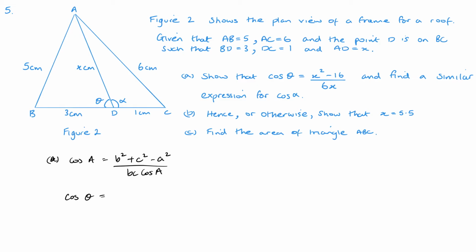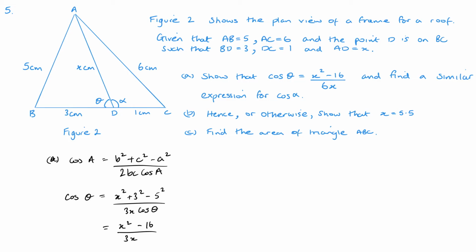The other letters doesn't matter which way around. So x squared plus 3 squared minus 5 squared, over 3x cos theta. And then it's just a matter of simplifying this. So this is now x squared minus 16 over 3x. I made a mistake. So it's 2bc, isn't it, on the bottom?